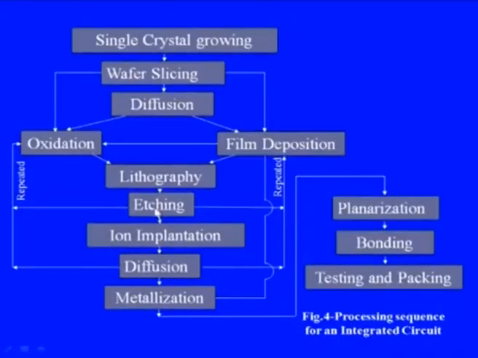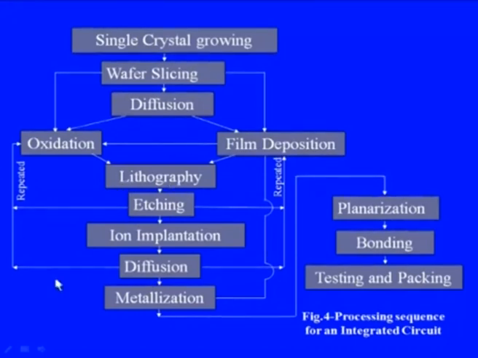Now, it may require lithography, then etching, ion implantation, again some diffusion, then metallization, then planarization, then bonding, then testing and packing. So, what do we do in these operations?